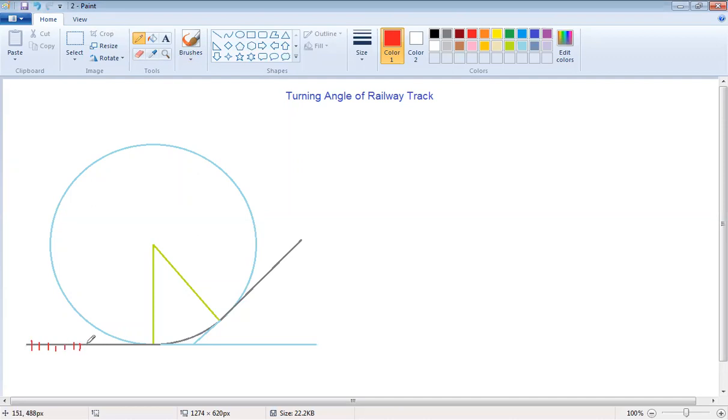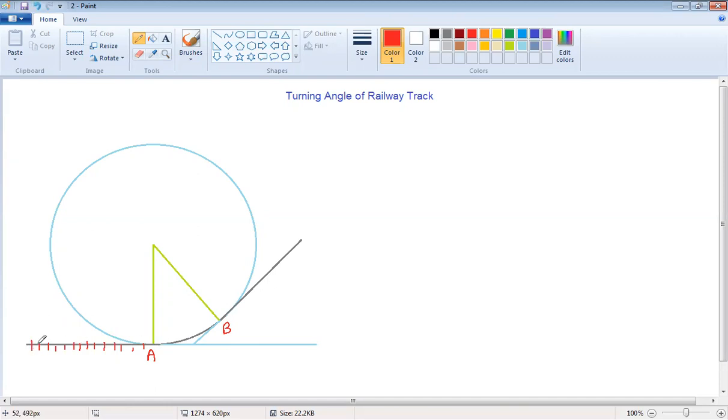The railway track is laid straight up to this point, suppose A. But from A, turning of the track starts up to the point B. The track turns from the point A to point B, and after the point B, it goes again straight.